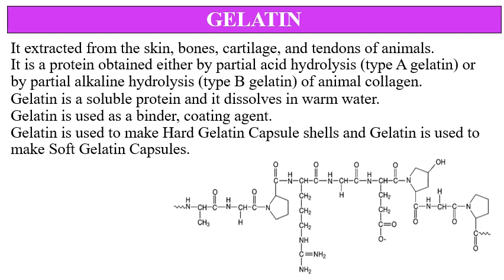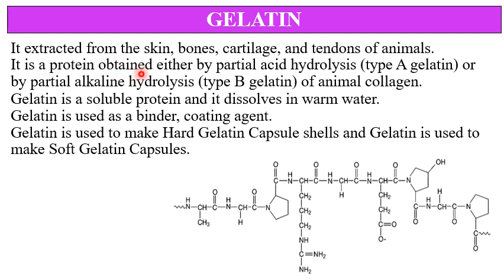First is gelatin. Gelatin has a wide use in the hard gelatin capsule shells, and sometimes gelatin is used for coating tablet formulations. Gelatin is basically a protein, extracted from the skins, bones, cartilages and tendons of animals.